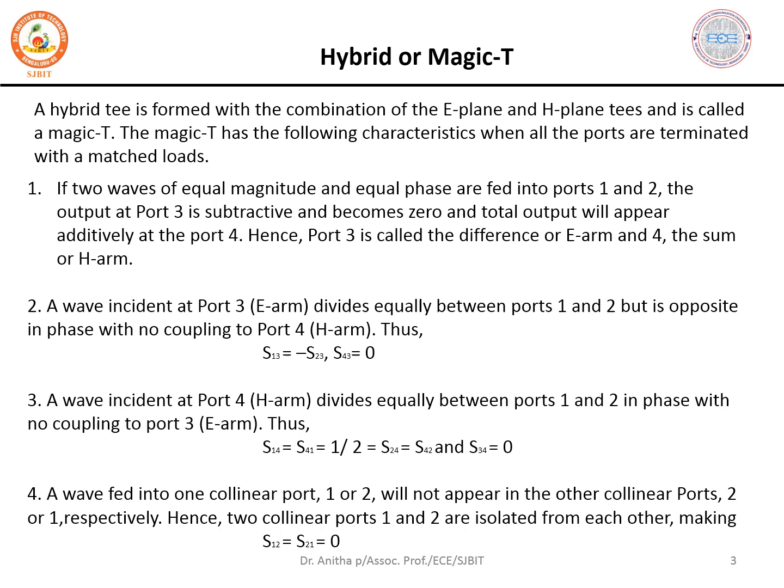From these properties, you have an E arm and H arm, the difference arm and sum arm. If I give input at port 3, equal division with 180-degree phase shift occurs at port 1 and 2. If I give input at port 4, equal division occurs at port 1 and 2, with no power output at port 3. And if I give input at one collinear port, the other has no output, so the collinear ports are isolated from each other.